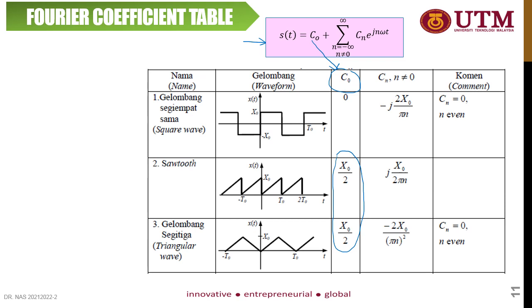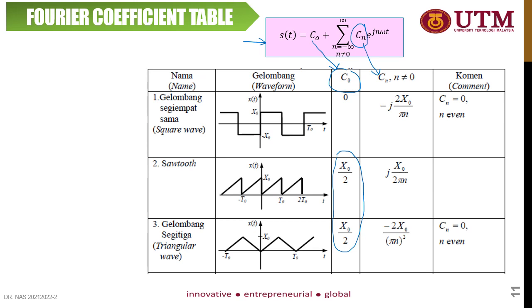And the next column is the Cn equation, again based on the type of signal you have. And the last column represents the remark for each particular function.